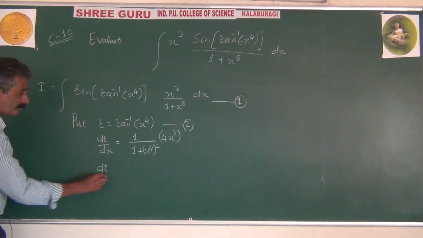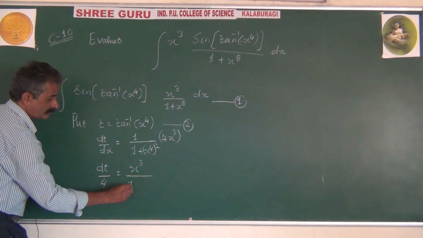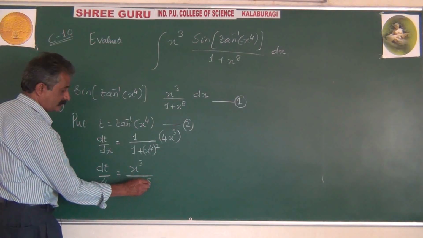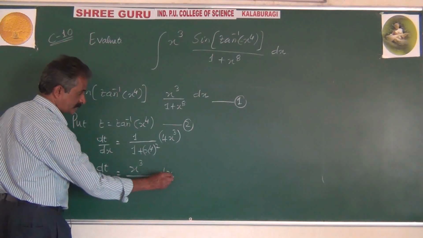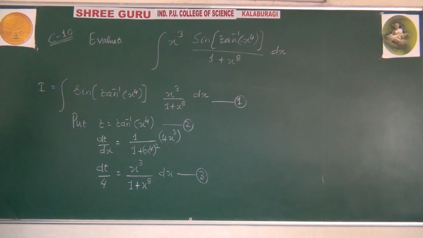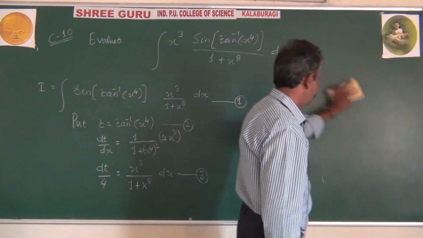Hence dt by 4 is equal to x cube divided by 1 plus x power 4 whole square, which is x power 8, dx. Now write from 2 and 3 using in 1.